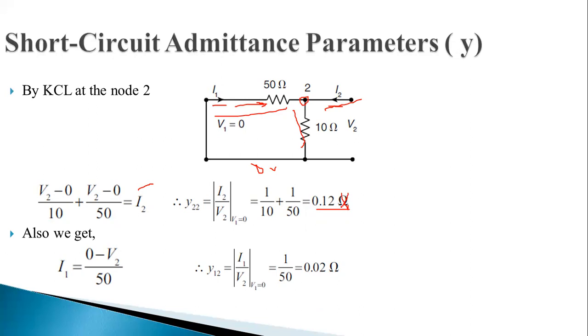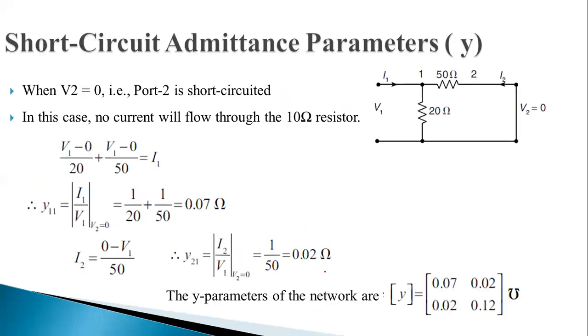Now we get the admittance I1 by V2 equal to 1 by 50. Similarly, for the other port, making V2 equal to 0, we will get a new diagram when V2 is shorted.